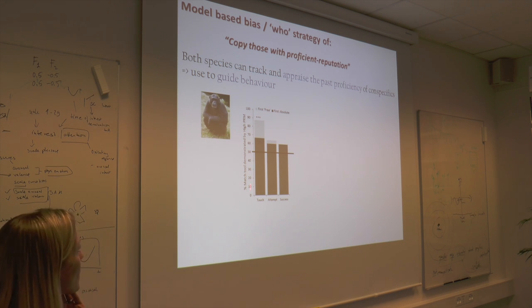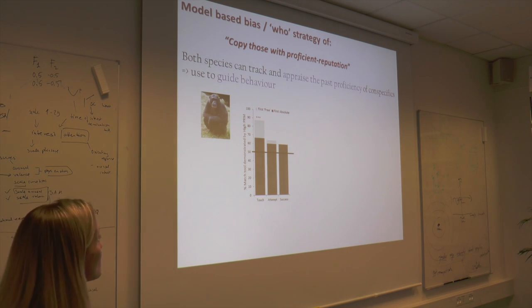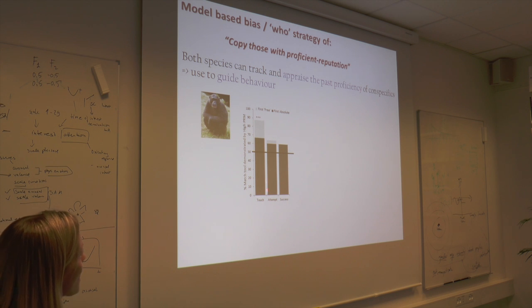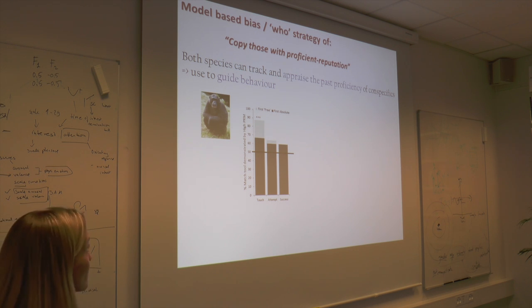The y-axis is the percentage of times that individuals matched the tool that was used by the high reputation model. You can see here for touch, the first tool touched by observers, they were very much influenced by the high reputation model, and no different to chance for first attempts with the tool and first successes with the tool.